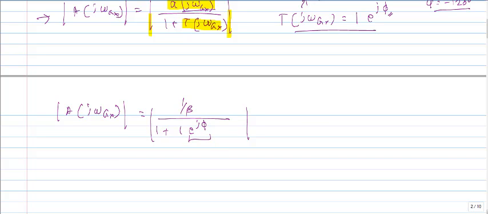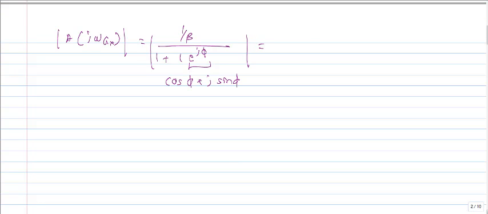Now from Euler's theorem, one could express this e to the power j phi as cos phi plus j sin phi, right? So rewriting this entire expression as 1 upon beta divided by 1 plus cos phi plus j sin phi, and the whole is surrounded by this mod symbol, right?